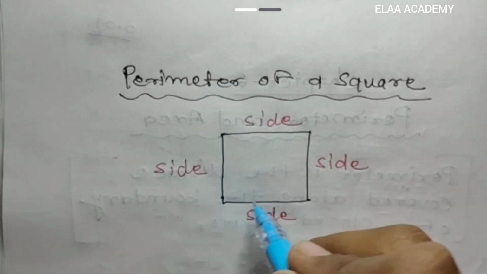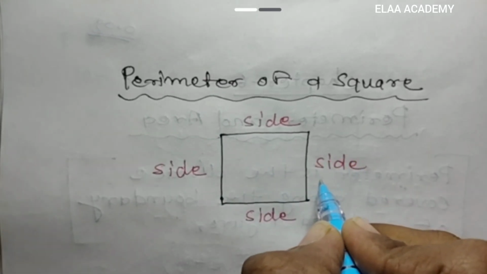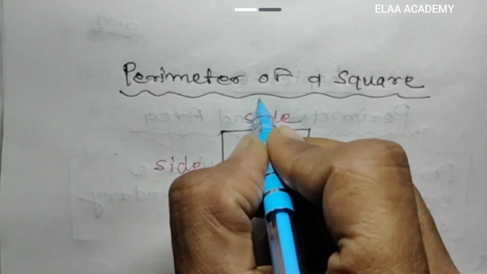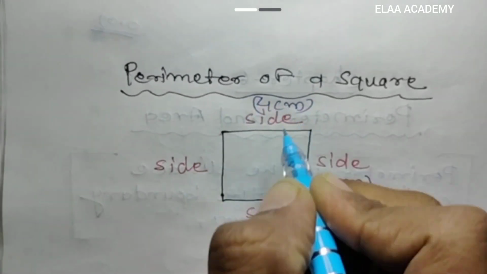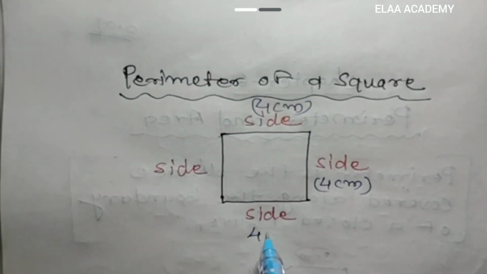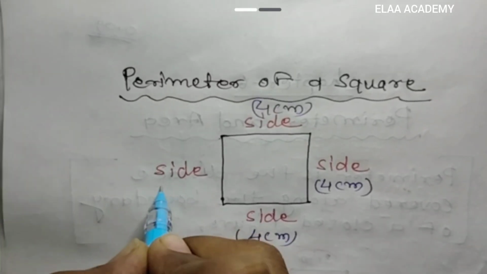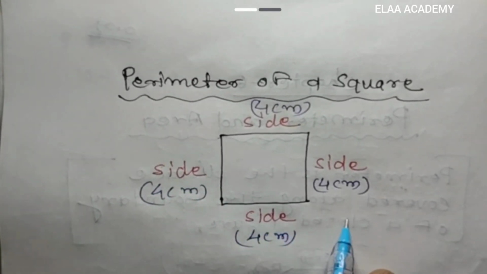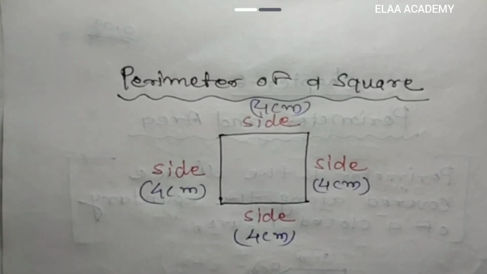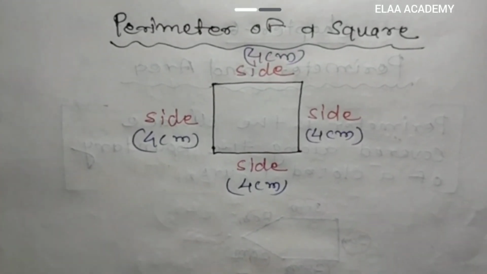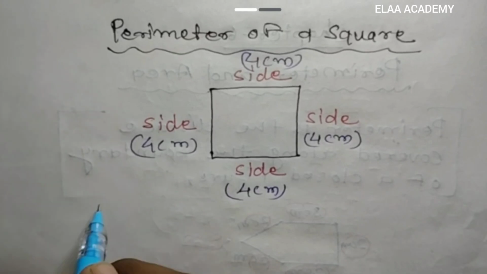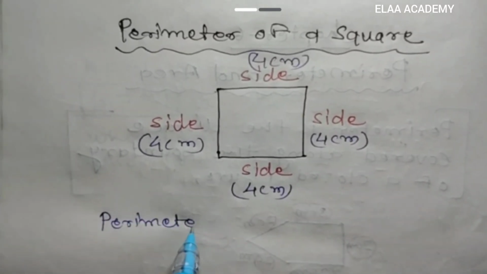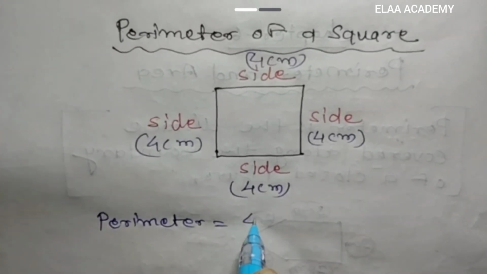For example, if I have the side of this square as 4 centimeter on each side, and I have to find the perimeter of the square, how will I find it?